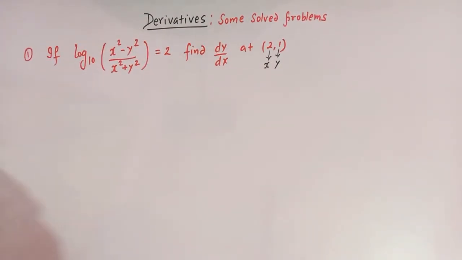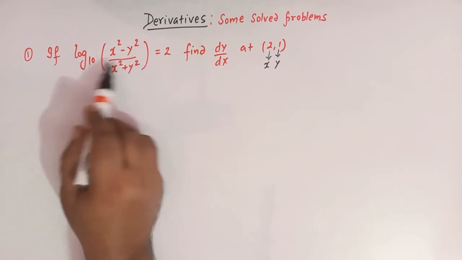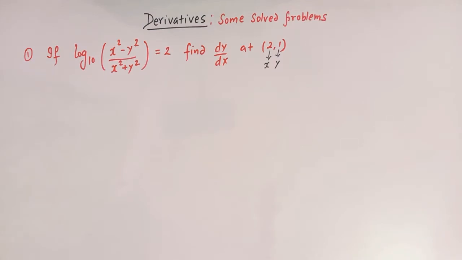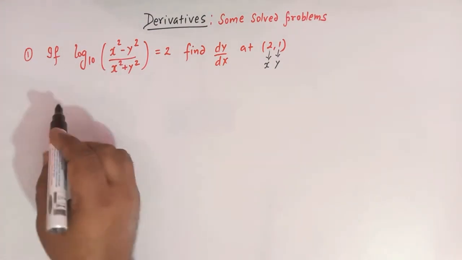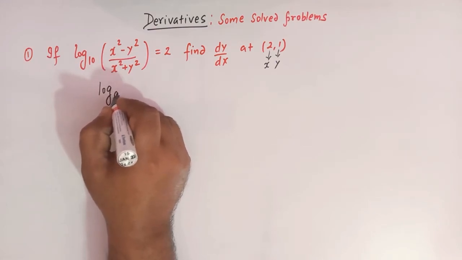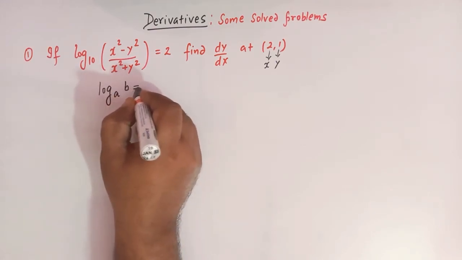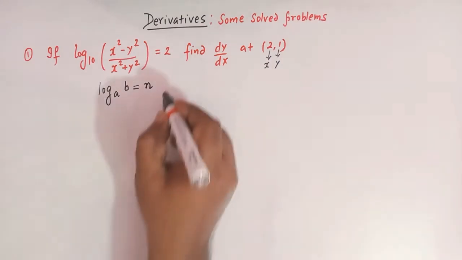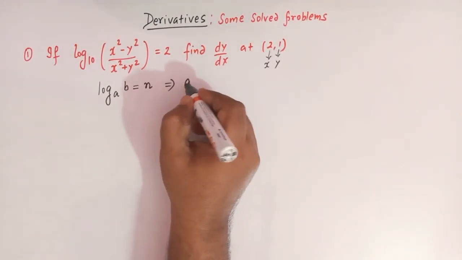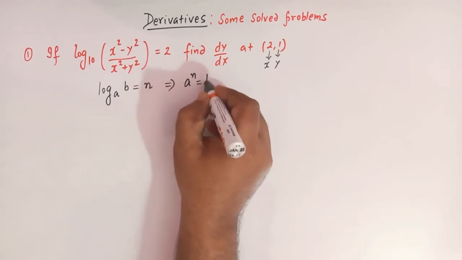So let us start. Here we have to make use of the definition of logarithms. If we have log with base a, of b, equal to n, then this expression is equivalent to a raised to n is equal to b.